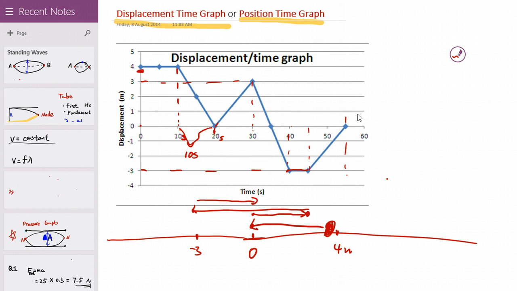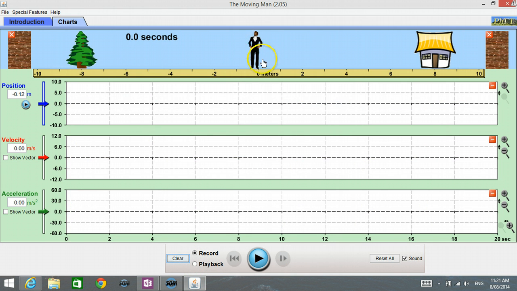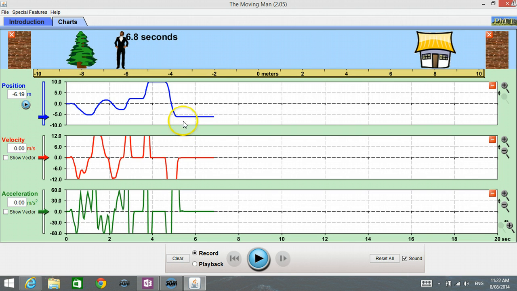If you are really interested in this, I can show you where to find this simulation. Basically, just move the man backward, forward, backward, forward, backward, then stop it. Then you have a position time graph. It traces how you moved.